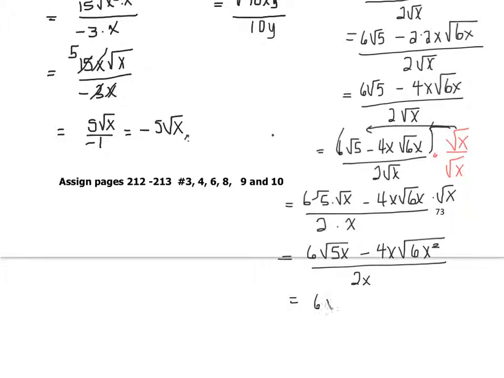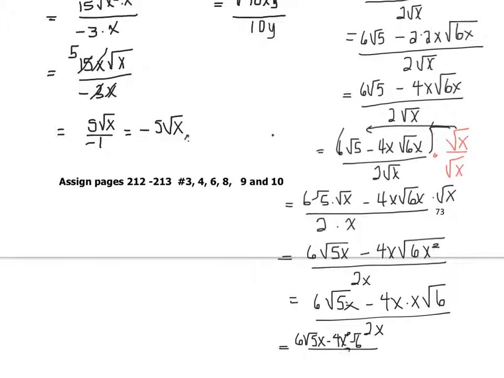So you'd have 6 root 5x minus 4x times x root 6 all over 2x. Still long doing it this way. Oh, got no space left. So we can squeeze that in here. So 6 root 5x minus 4x squared root 6 all over 2x. That's a square there.